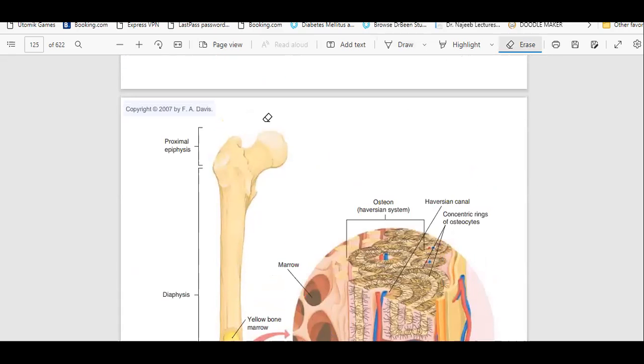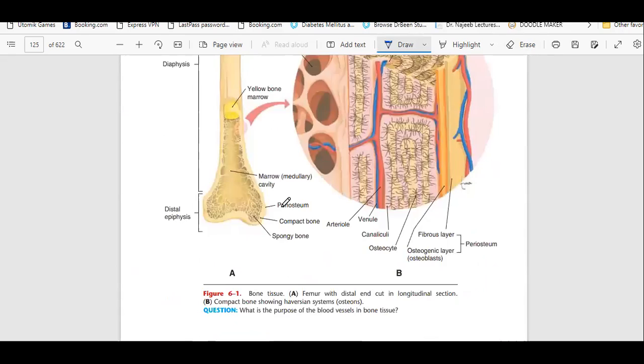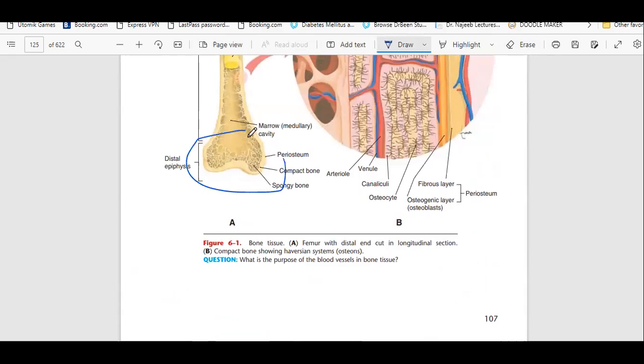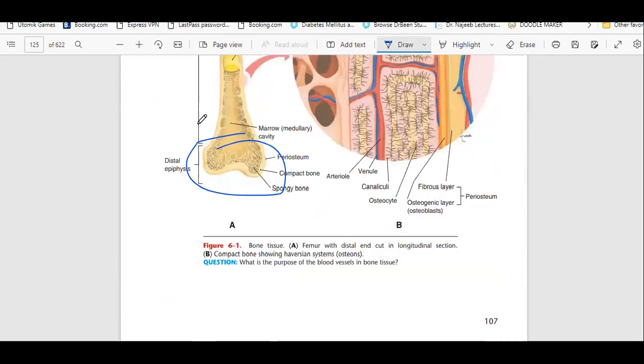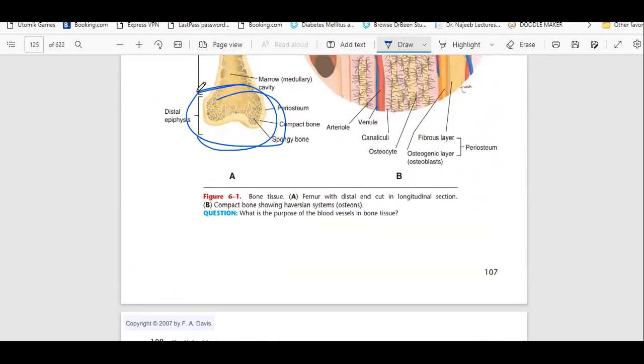First, this part is called epiphysis. The upper part is known as epiphysis. This is also epiphysis. Here is the spelling. In the epiphysis you have spongy bone and compact bone.